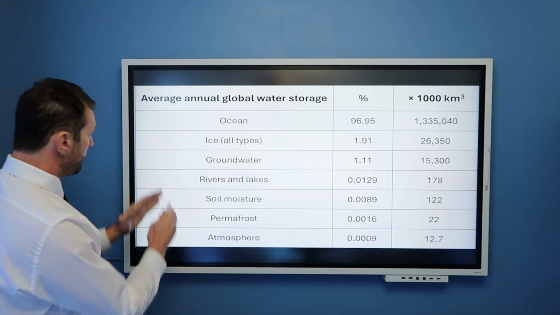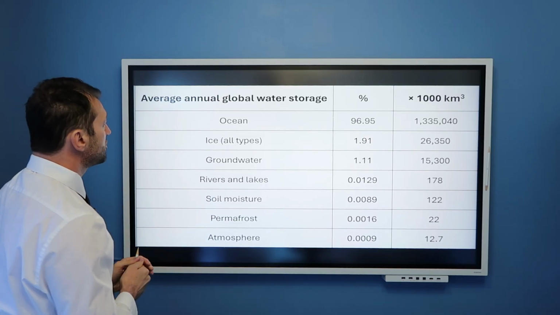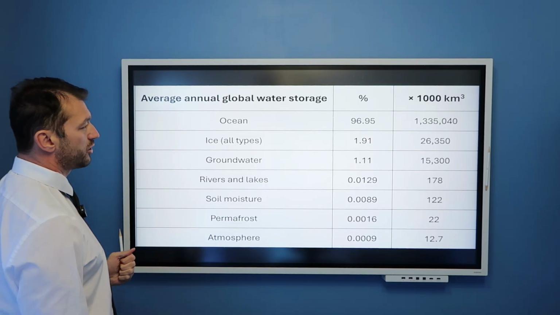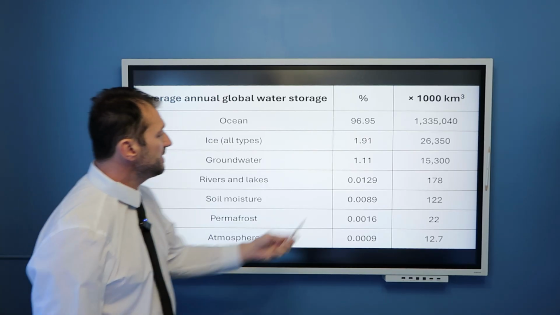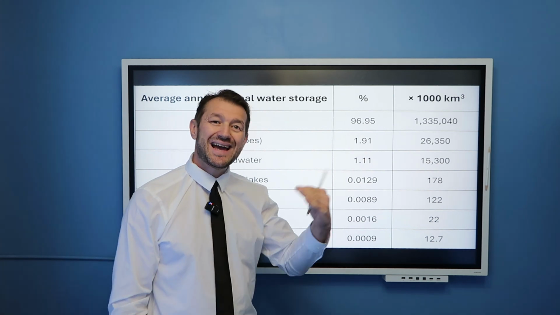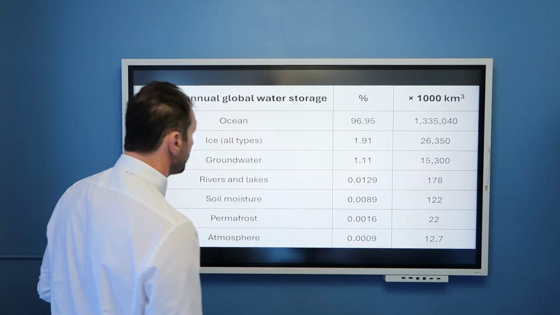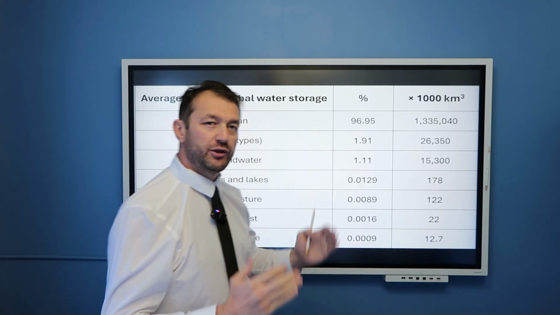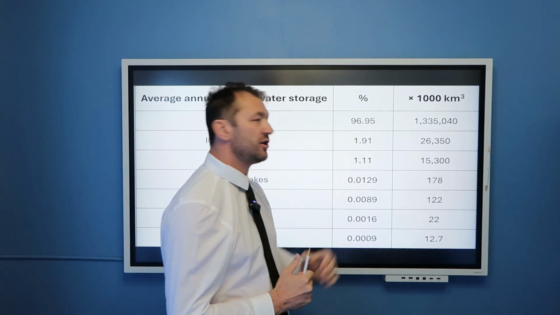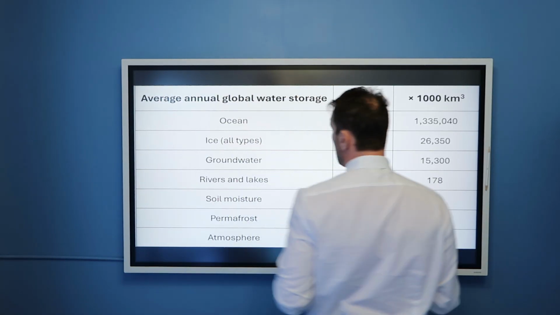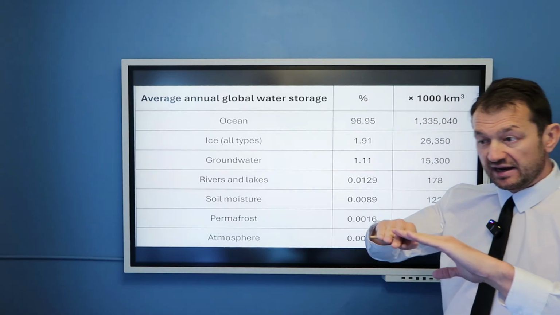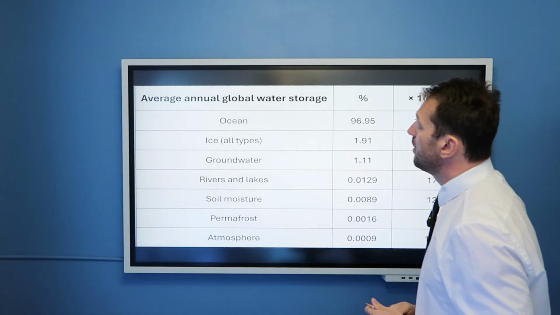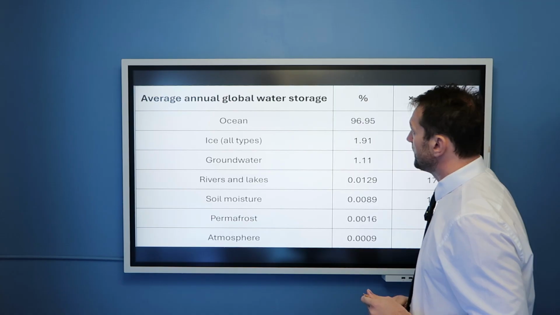And lastly, we can also discuss the average annual global water storage. You can see that almost 97% of all water on this planet is stored in oceans, and that's not surprising. Oceans are enormous. As I said, they cover over 70% of our planet's surface.